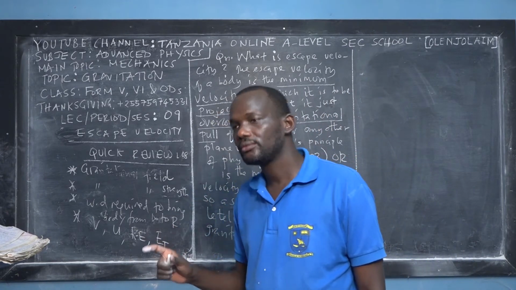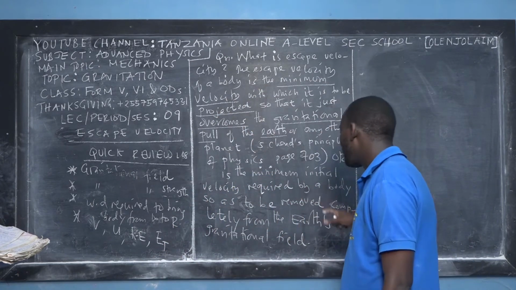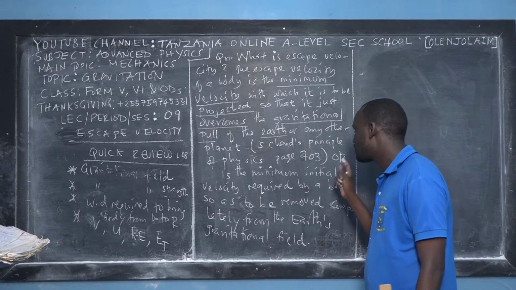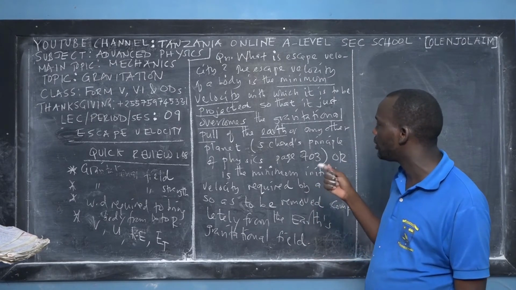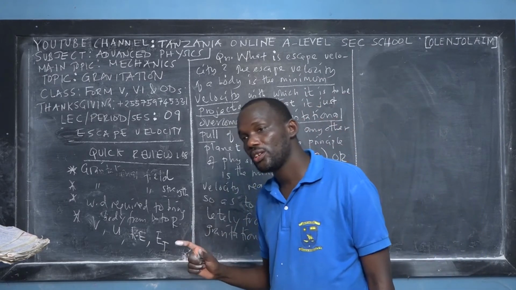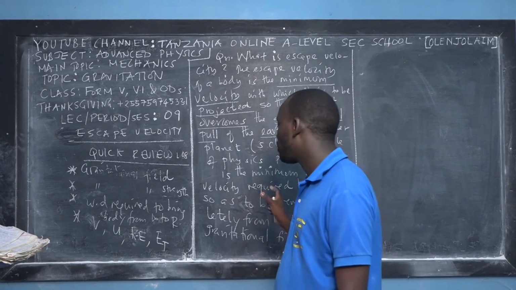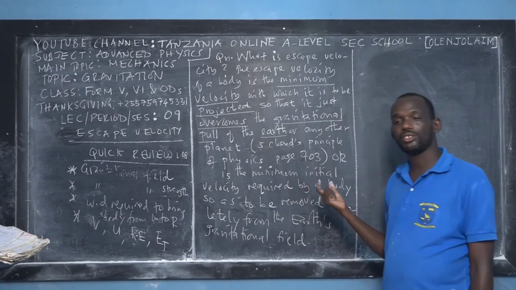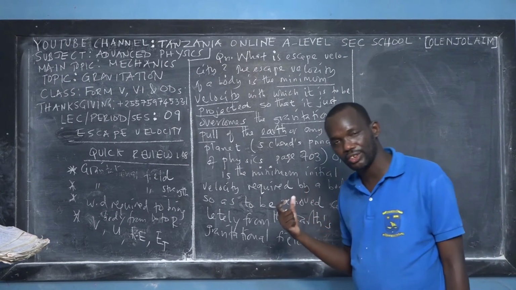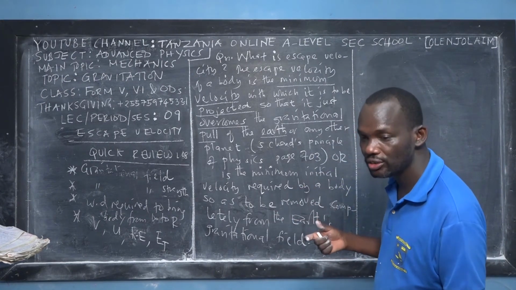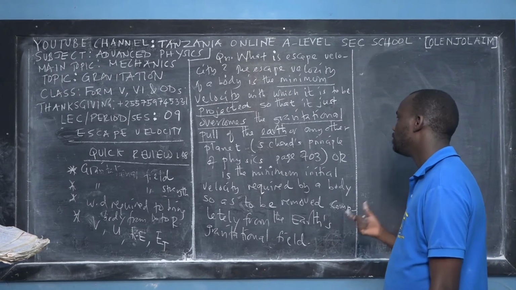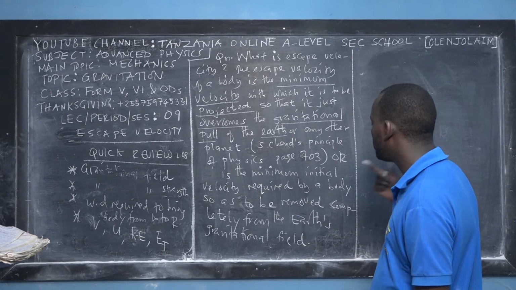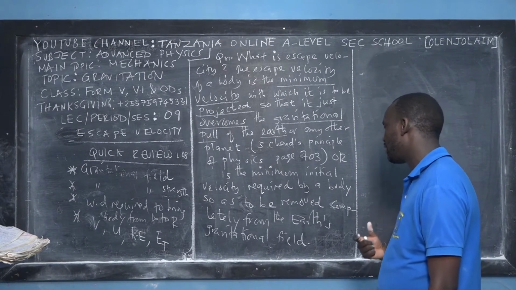Not only the Earth provides gravitational pull; other planets do too. For example, Jupiter also provides gravitational pull to any body, and we computed its gravitational acceleration and found that it is a little different from the gravitational pull of the Earth.